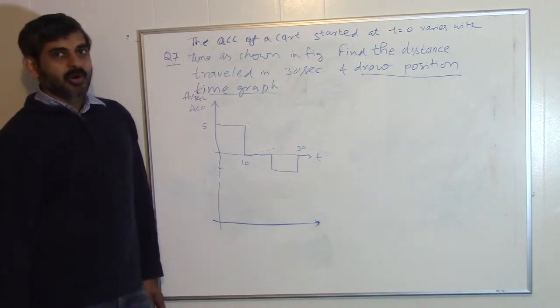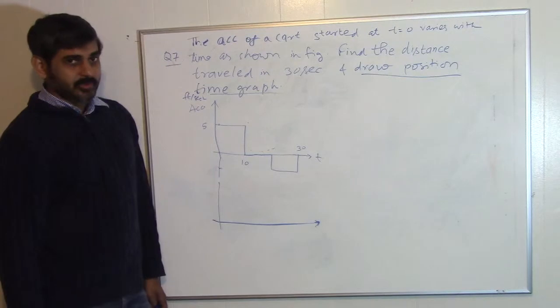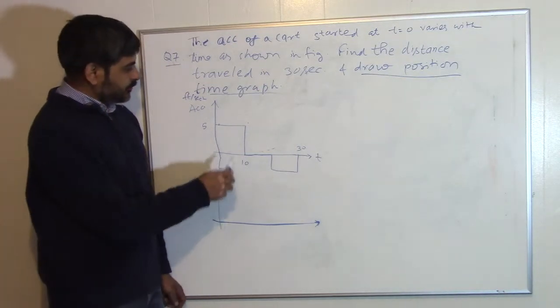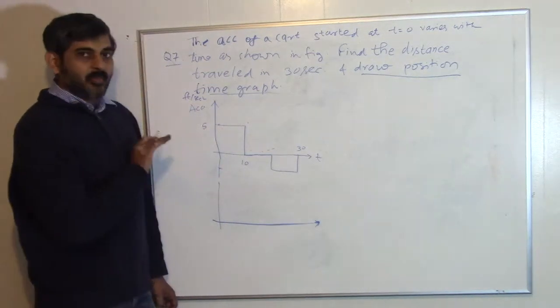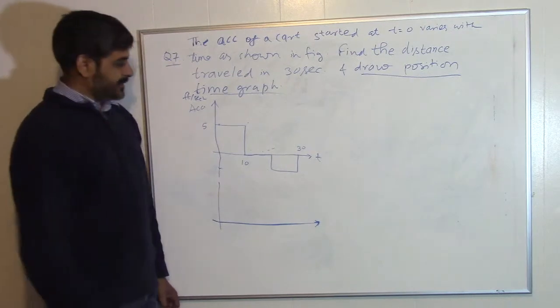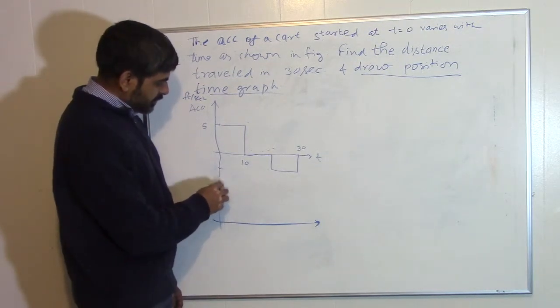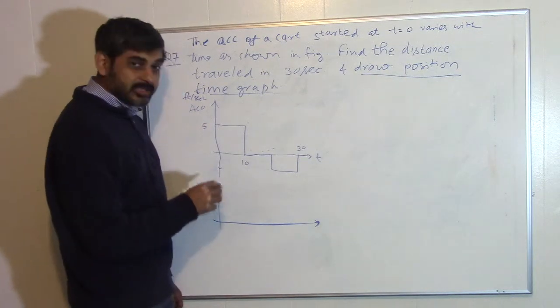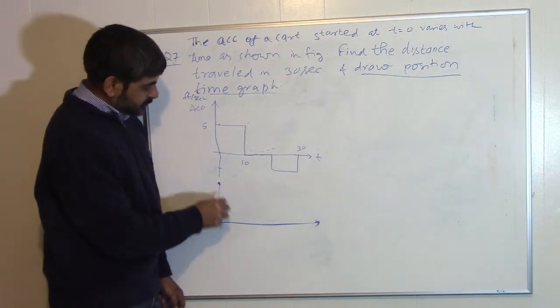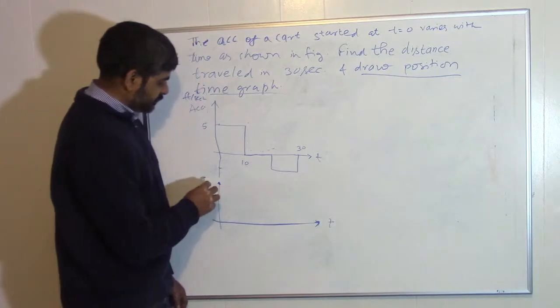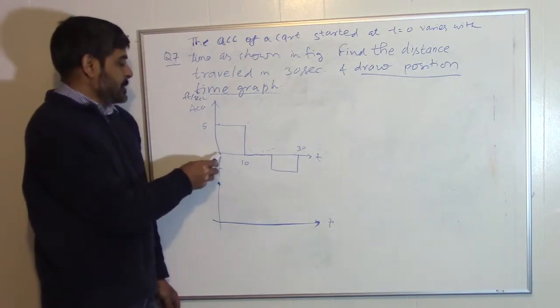Actually, we are trying to plot the speed of the particle. We are assuming that it's moving only along the x-axis, and we are plotting the velocity of this particle along this x-axis. So let us say this is the time axis and this is the velocity axis.